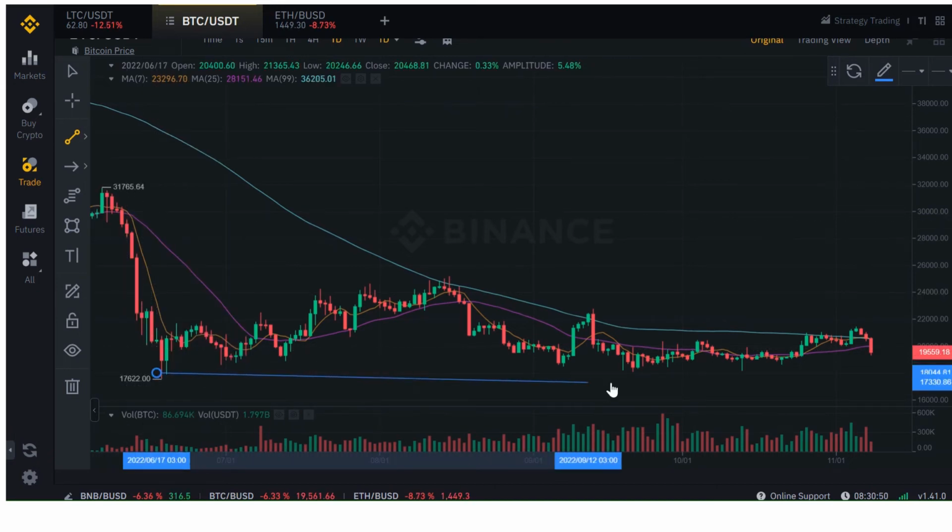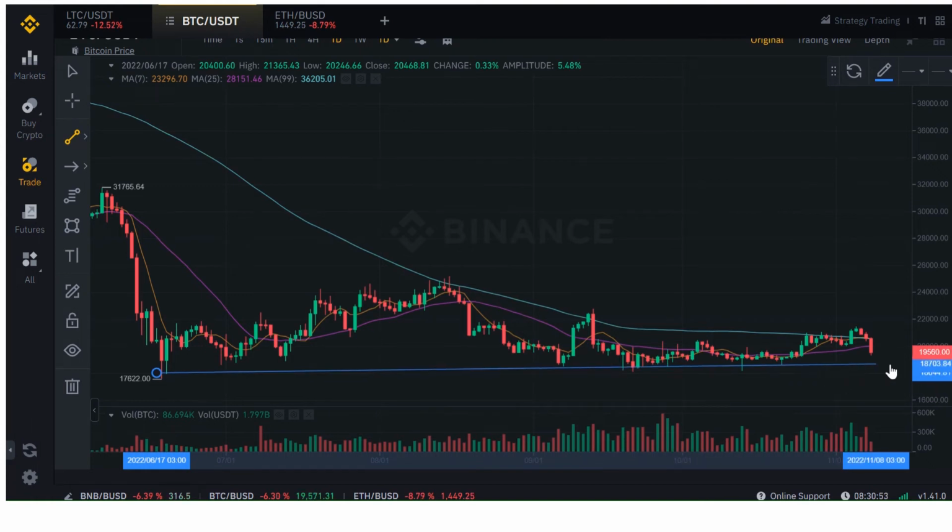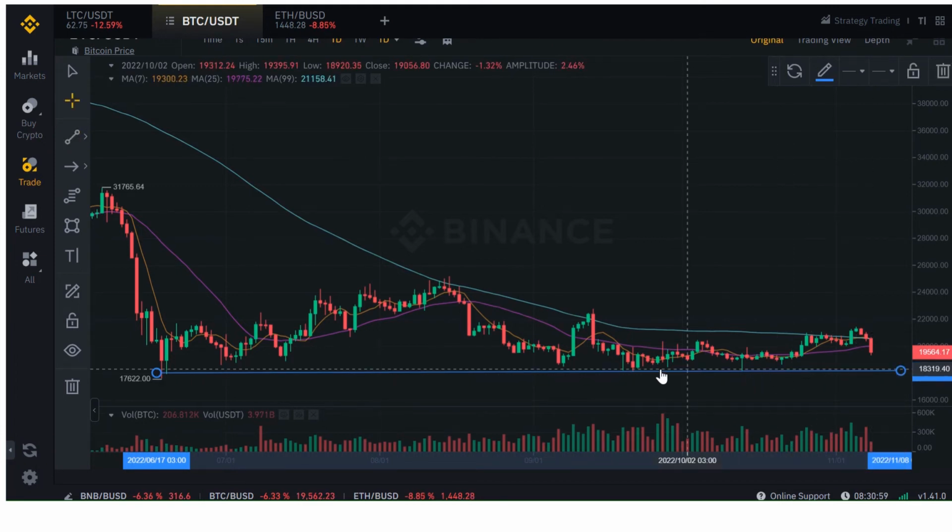As you can see, the price has been basically moving along that level. So you can put a buy order. Once the price gets to this level, you can put it in beforehand, so that when the price reaches here, it automatically fills itself.